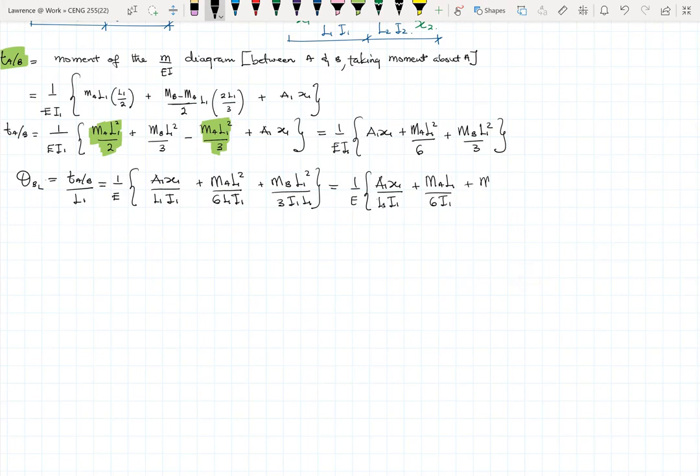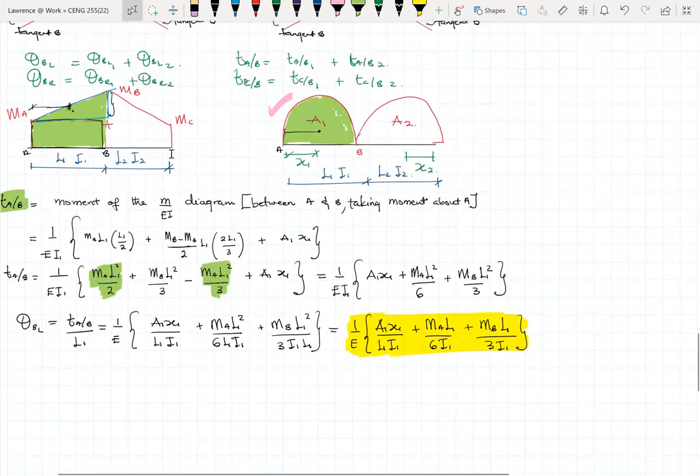Then plus M sub B L1 over 3 I1. So right here is our equation for theta BL.